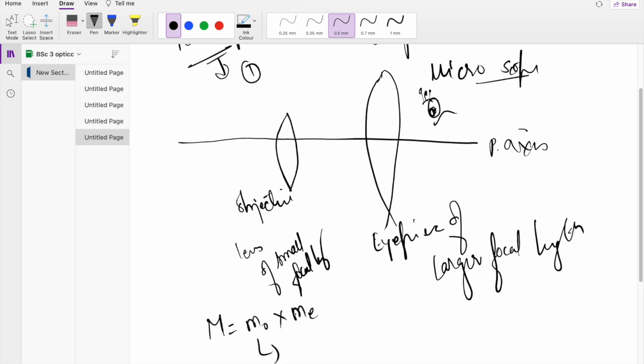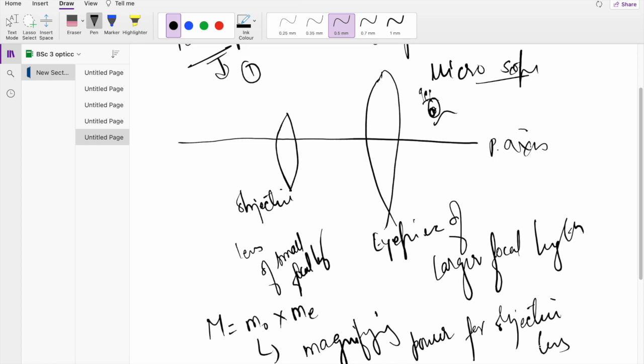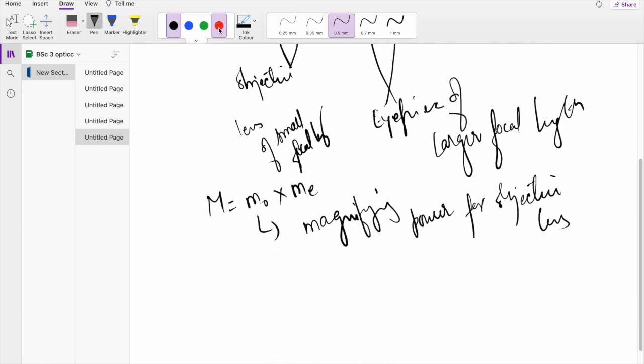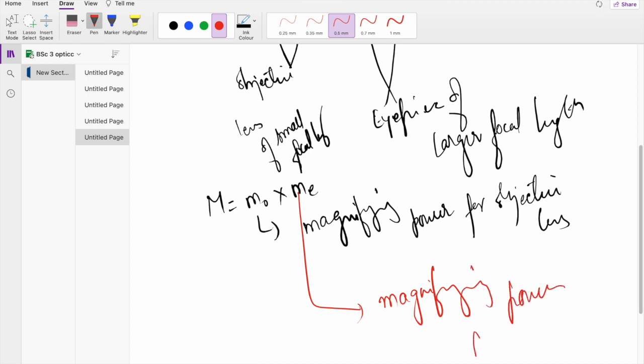M0 is the magnifying power for the objective lens, whereas ME stands for the magnifying power for the eyepiece.